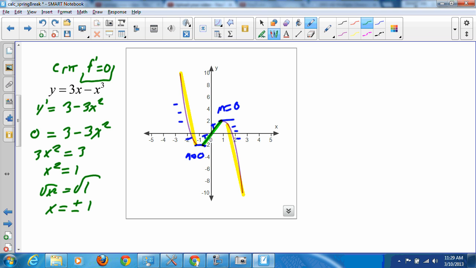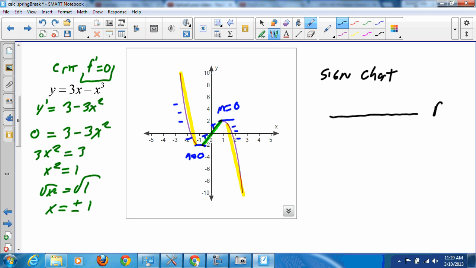So one suggestion is to develop what they call a sign chart. So let's do that over here. The sign chart is just going to be a way for us to analytically look at the derivative.